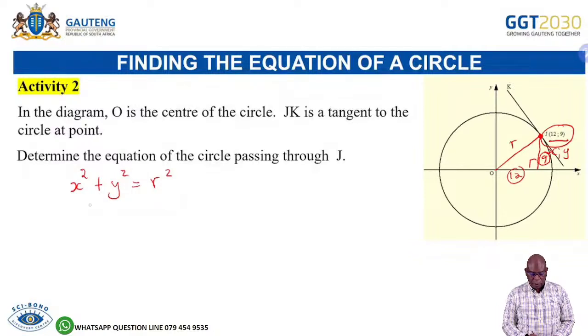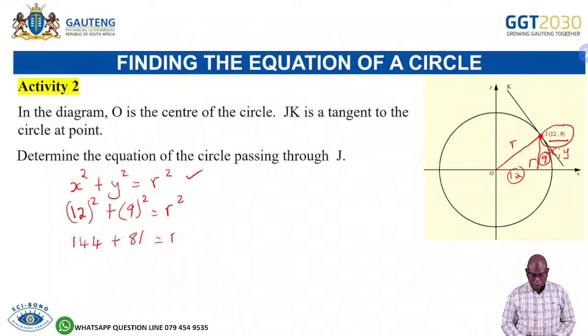So the x will be 12, my y value will be 9, equals r squared. For me to complete this equation, I need r squared. So I'll have 144 plus 81 equals r squared. 144 plus 81 gives me 225 equals r squared.